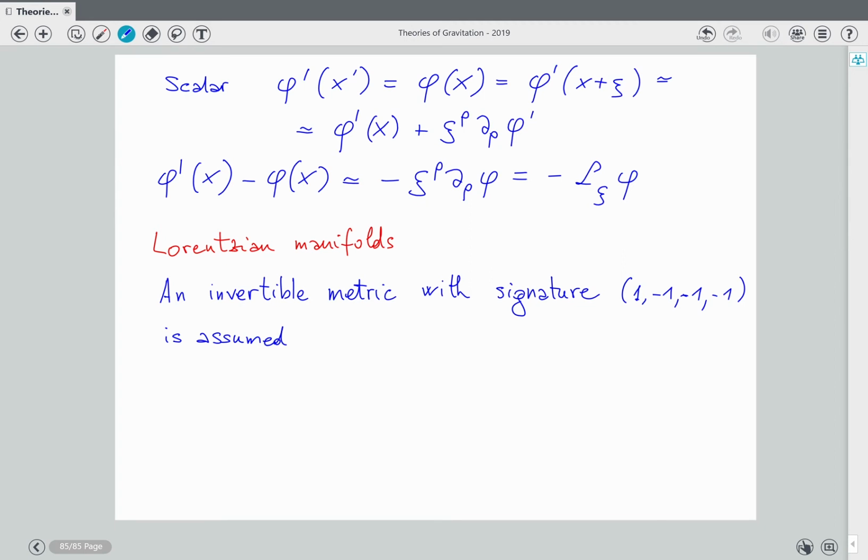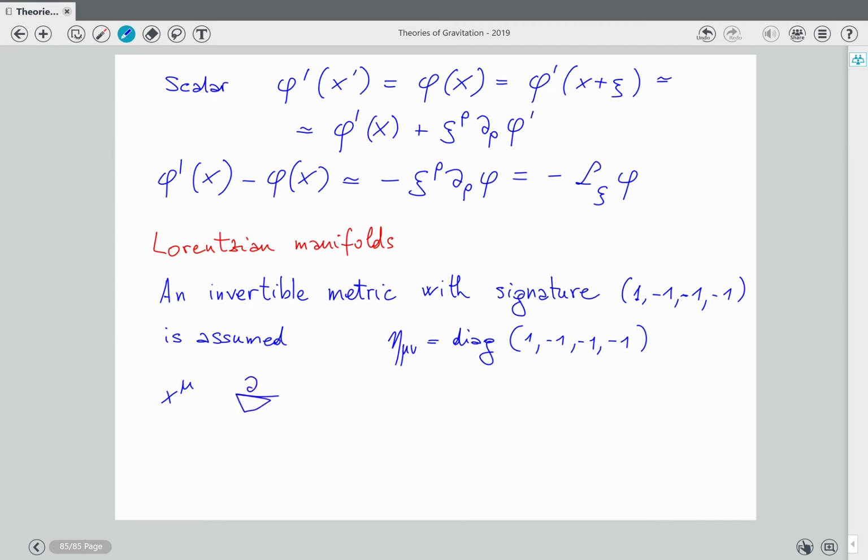And now we move to the notation we will use in physics. So this matrix will be called η_{μν}. Coordinates will be written like this.